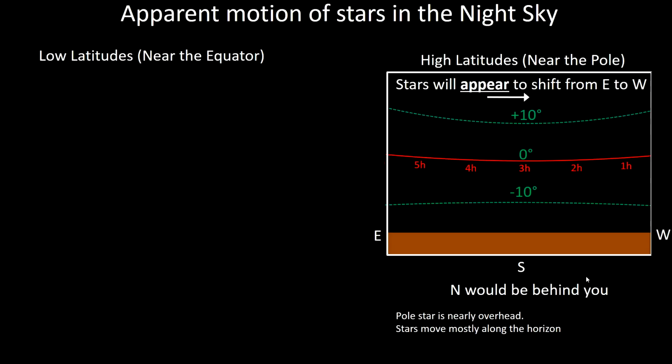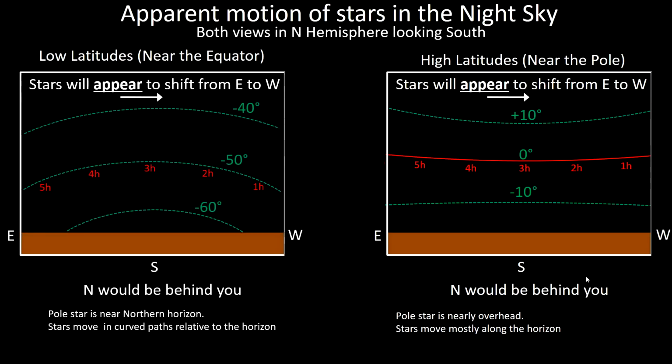So we've already seen the high latitudes near the pole picture, and at low latitudes then basically you're able to look further south. If you are further south near the equator, you're able to look further south when you look at the horizon, and that means you're looking at a lower declination or a more negative declination. And so near the horizon you'll get these much more curved arcs, and this makes sense as well because we know that if we go down, say, as far as the UK, then we see sunrises and sunsets.